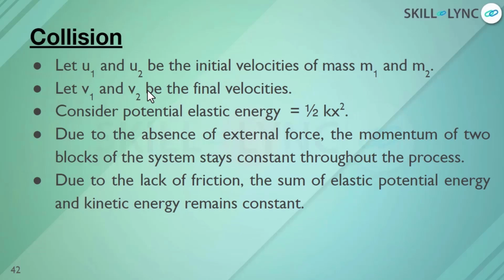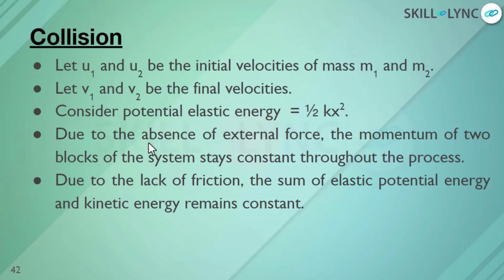Here the same things are mentioned. u1 and u2 be the initial velocities of mass m1 and m2. Let v1 and v2 be the final velocities. Considering potential elastic energy of spring is half kx square.